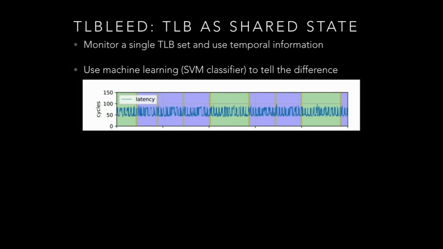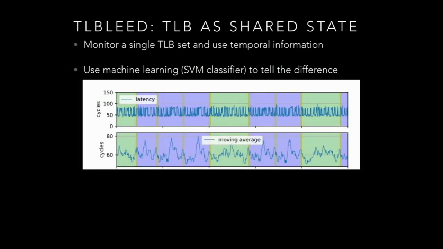So we know that whenever the latency is high, whenever it's slow, it means that someone else, our victim process, needed to use that set for something. And that tells us something about the activity that it's doing. And as you can see, there's no easy way to distinguish it.